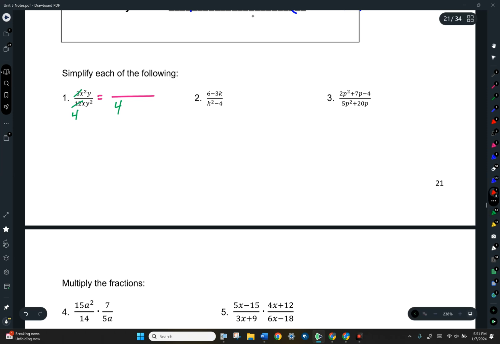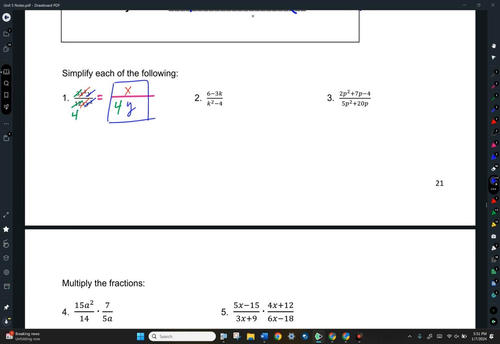Okay, let's go over to the x's. It's okay to look at the x's separately and say, hey, look, that x squared and that x are going to cancel and just leave a single x on the top. That's okay, because the x's are being multiplied by everything else. Similarly, it's okay to say that that y can cancel with the y squared and leave a y on the bottom. So there's my simplified answer.